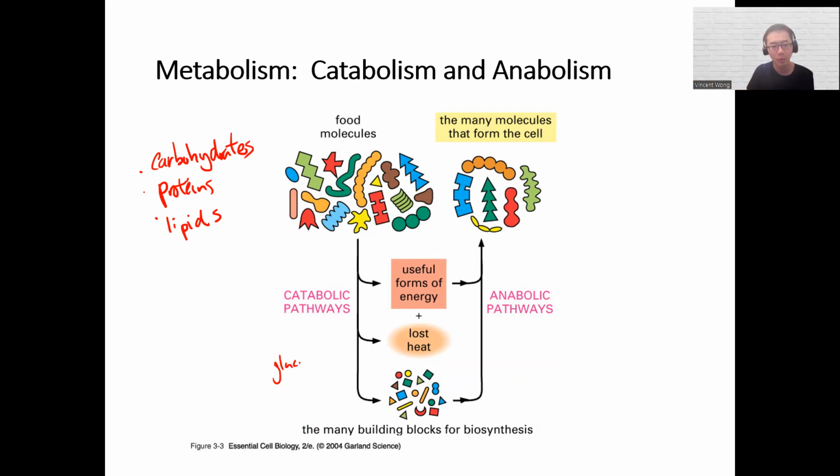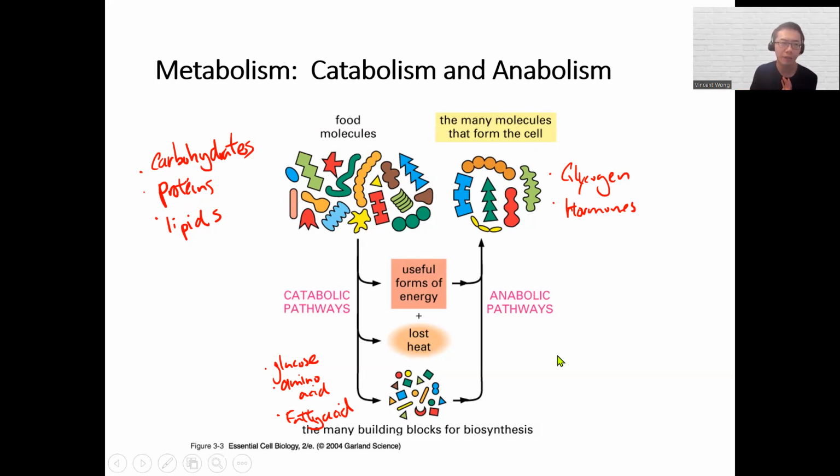So maybe glucose, amino acids, maybe fatty acids, right? And then we will either use them immediately, or we can build them into other useful molecules, like glycogen to store them, maybe we need to make hormones. So those are anabolic pathways.